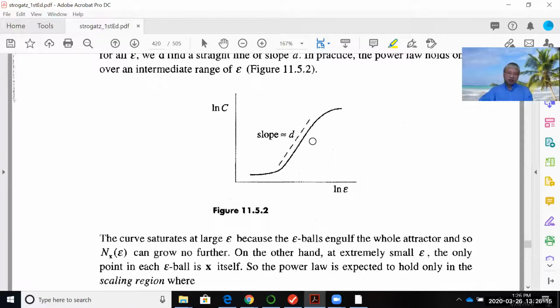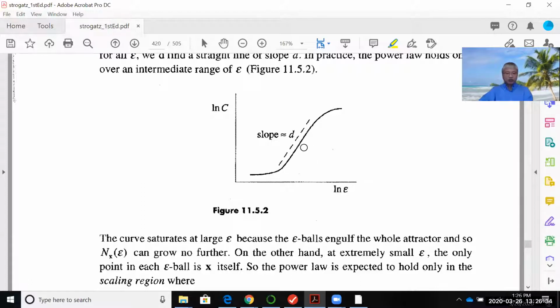Now, as I mentioned earlier, the scaling only works for a certain range of epsilon. If epsilon is too small, the scaling does not work. If epsilon is too big, the scaling also goes away. So there is a region of epsilon where the scaling works, a straight line region.